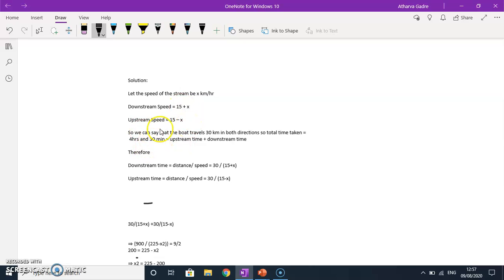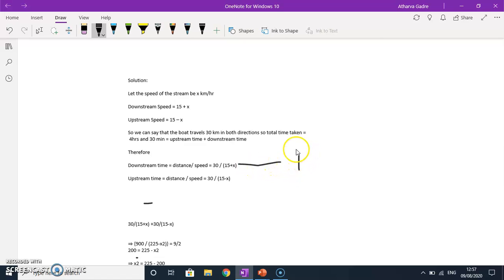The boat travels in both directions, so the total time taken would be 4 hours and 30 minutes, that is upstream time plus downstream time. The downstream time would be 30 by 15 plus x, that is distance upon speed. Similarly, the upstream time would be 30 by 15 minus x.